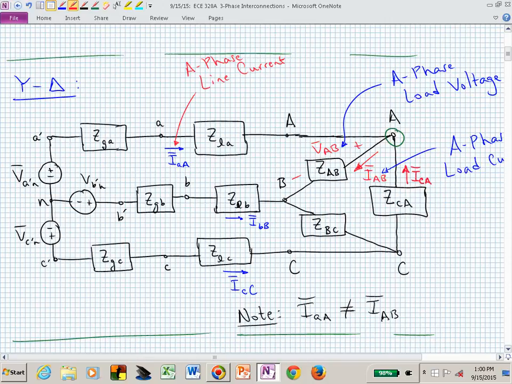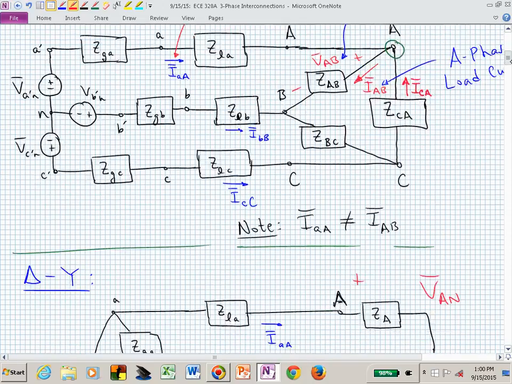And we will derive those relationships for balanced voltages and currents. And now we will start to see these angles of 30 degrees and these square root of 3s coming into this relationship. But that's forthcoming.